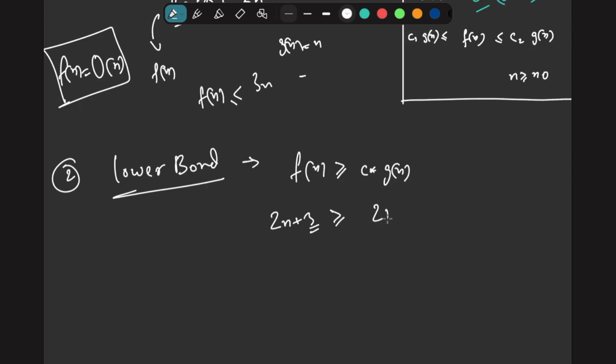Since 3 is positive, 2n plus 3 will always be greater than 2n. So c is 2 and g of n is n. Since f of n is greater than c times g of n, we can write f of n equal to omega of n, where c is 2. This is how we can prove upper bound and lower bound.